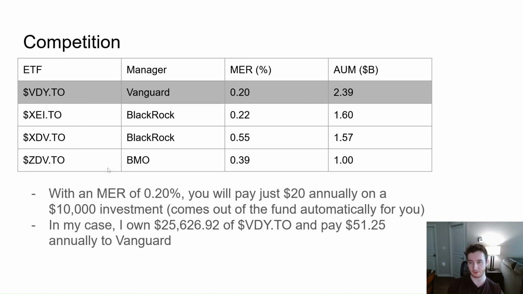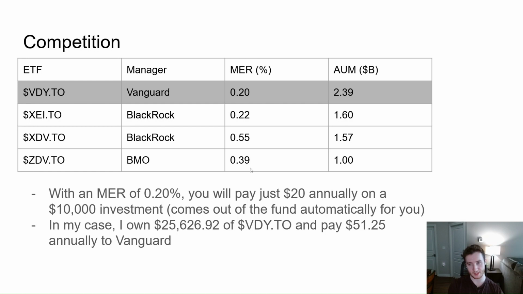So there's two BlackRock funds and one BMO fund, but on these two, the MERs are very high. I was surprised why these are so high. XDV is 0.55%. That's quite high. It's more than double VDY and XEI. And then ZDV is similar in nature, really pretty high for what it's doing.